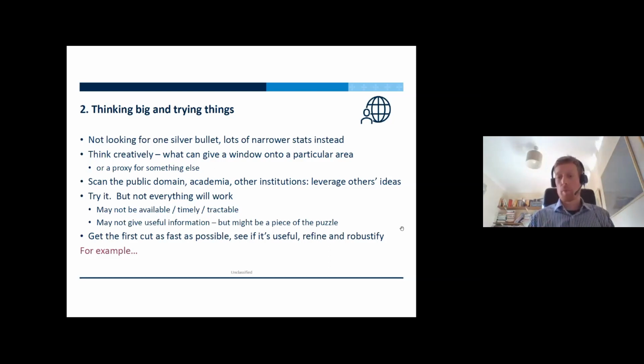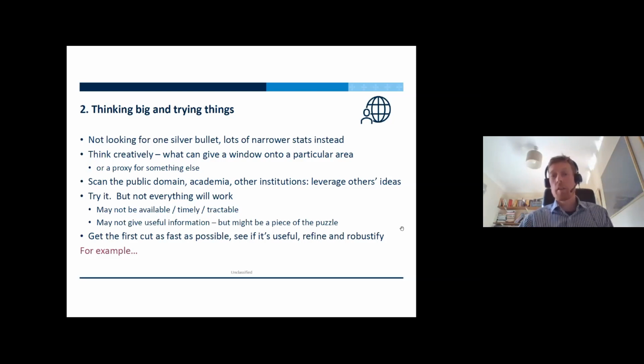So can we find proxies that map onto the actual data we want? So to do that, we've scanned academia, public domain, what other institutions are doing, and really building on other people's ideas as well as our own.